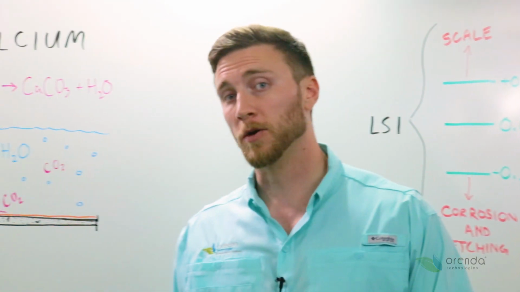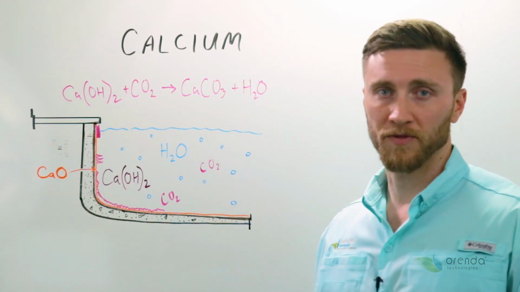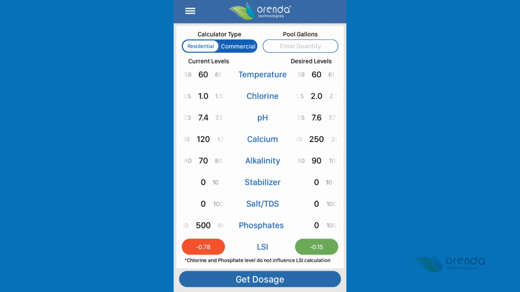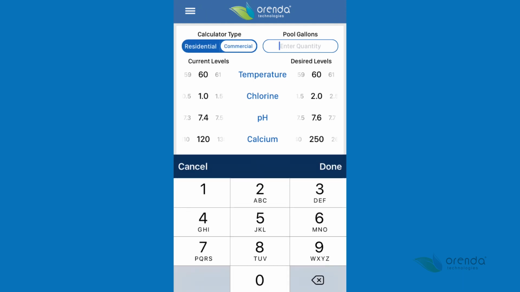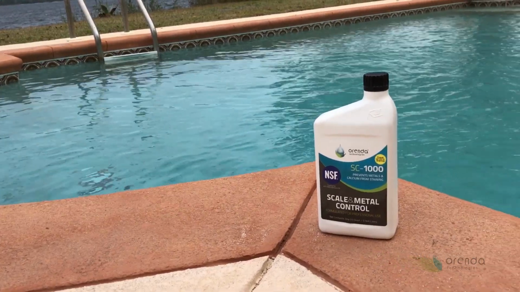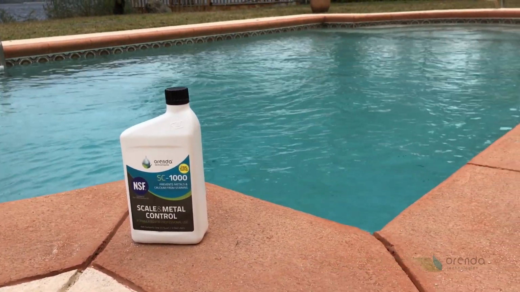It's permanent damage to the surface. So, in conclusion, two things can solve this problem. Balance your LSI and you'll prevent these from happening at all. But if you do have them, use a non-acid based sequestrant or chelate to dissolve whatever form of calcium it is back into solution, and you should have these problems go away.